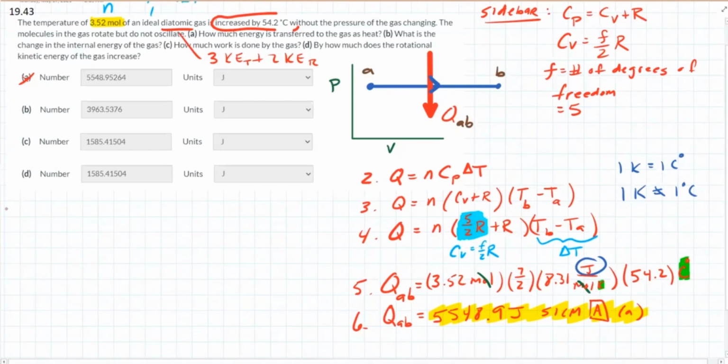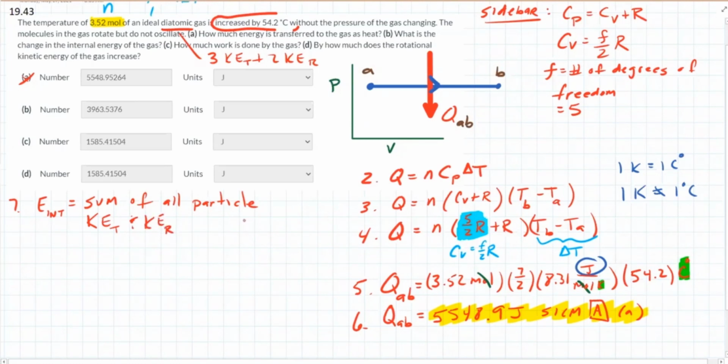Step number 7 says internal energy. So I'm not going to write delta E, just internal energy equals the sum of all particles' translational kinetic energies and rotational kinetic energies.